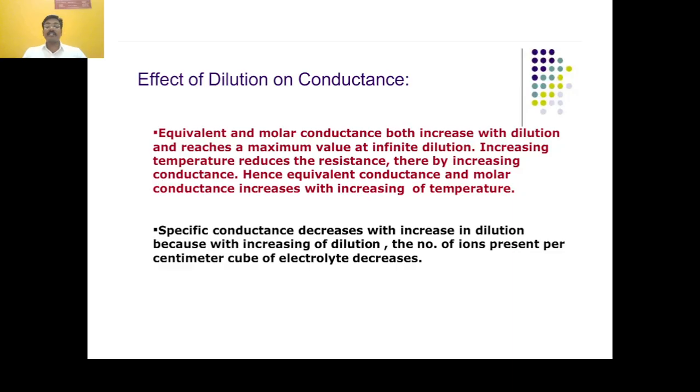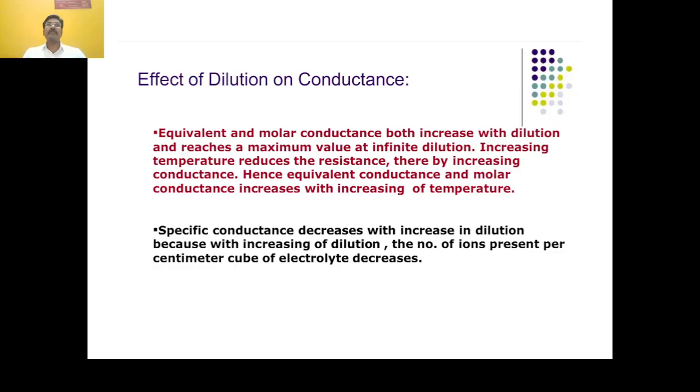Specific conductance decreases with increasing dilution, because on increasing the dilution, the number of ions present per centimeter cube of the electrolyte decreases. We know that the specific conductance depends upon the volume of the electrolytic solution.